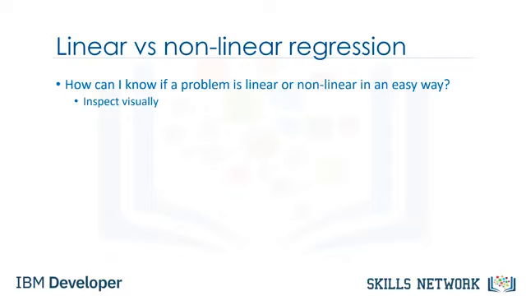To answer this question, we have to do two things. The first is to visually figure out if the relation is linear or nonlinear. It's best to plot bivariate plots of output variables with each input variable.